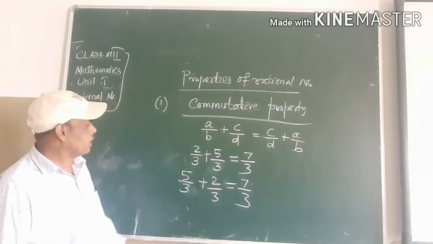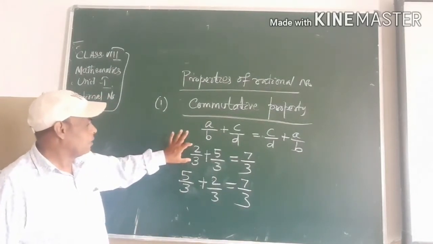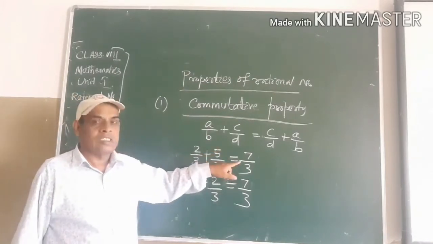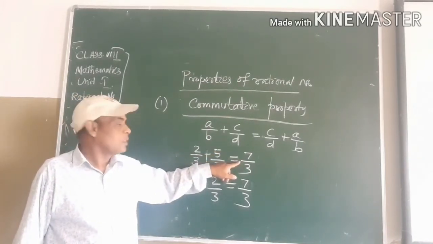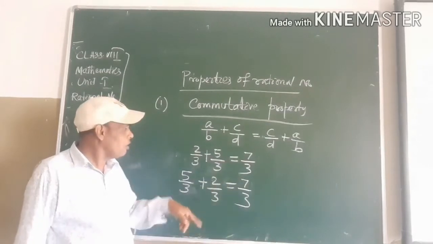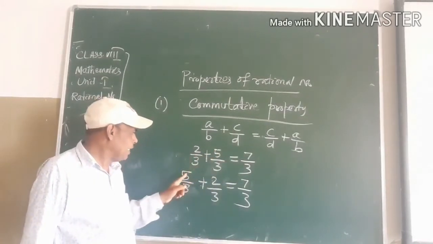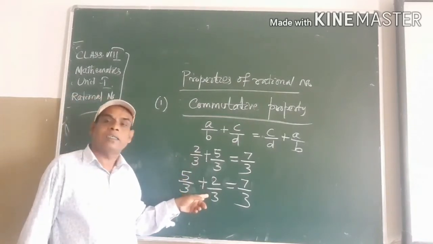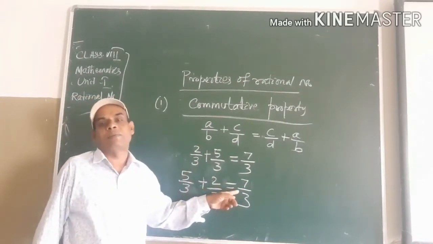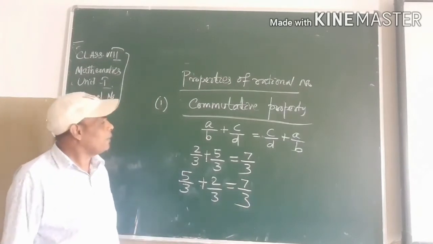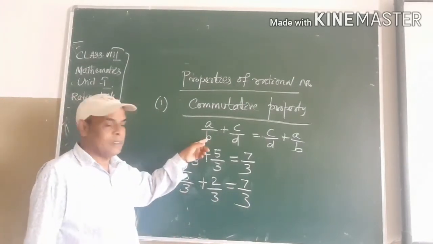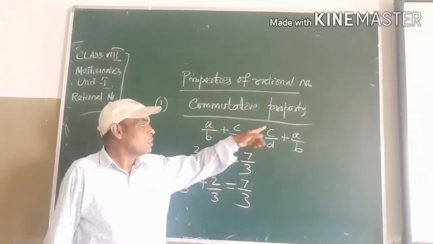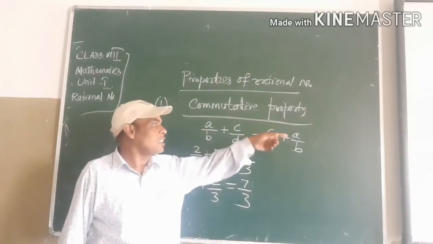Here you notice 2 by 3 plus 5 by 3, that you got 7 by 3. Now that you have done, first number is 5 by 3, second number is 2 by 3, same result you get 7 by 3. So you will say that a by b plus c by d is equal to c by d plus a by b.